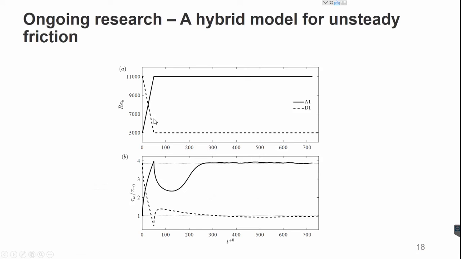So here we have two flows, one accelerating and one decelerating. And below, we have the response in the wall shear stress. For the accelerating flow, we can see the response I showed you before. So this would be the inertial stage, the pre-transitional, the transitional, and part of this is the core relaxation until it becomes fully turbulent.